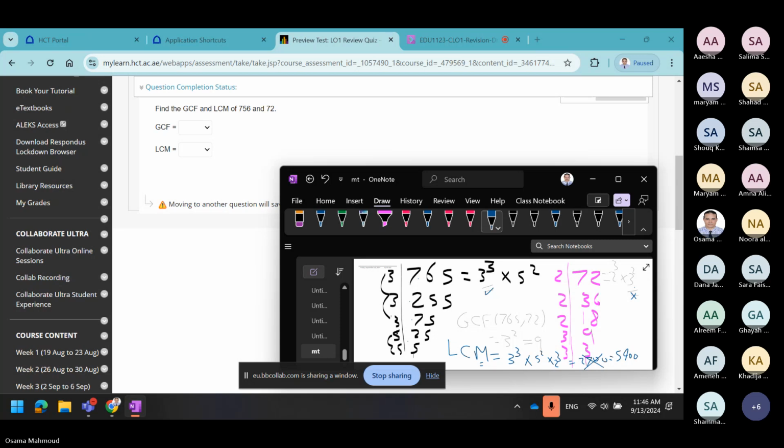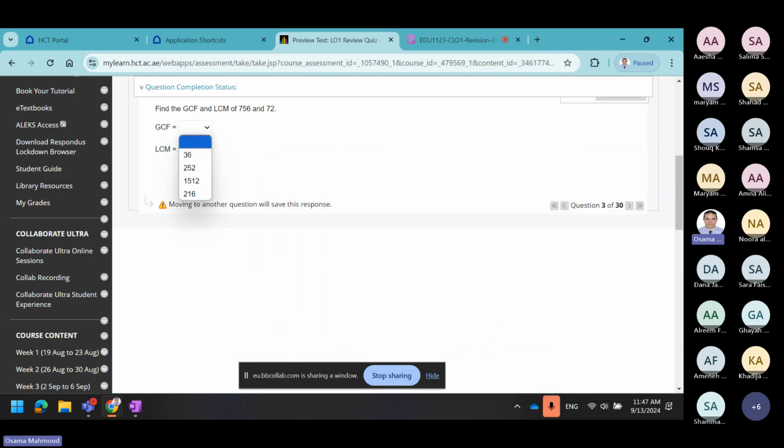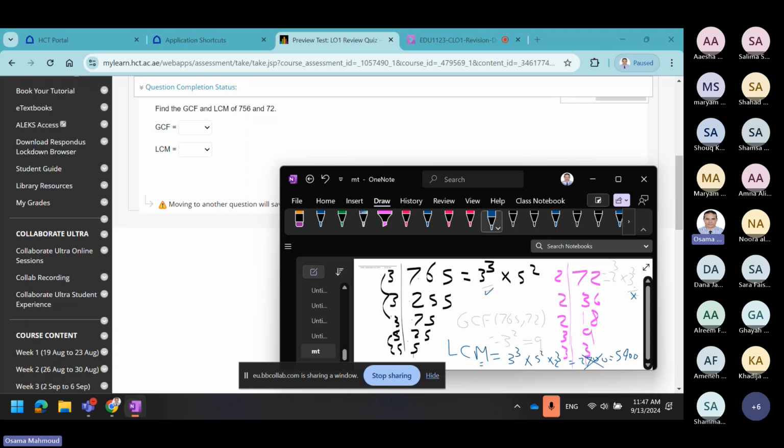Yes. So we get 3 to the power 3, 5 to the power 2, 2 to the power 3. So this number, I don't know what's the mistake here, but GCF is 9. What's the mistake here? Can we check, please?